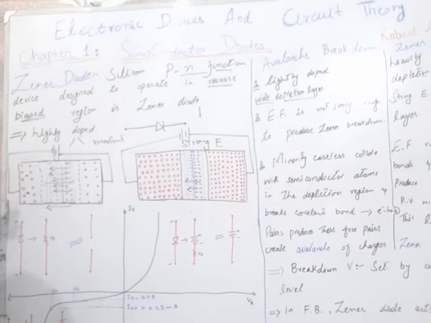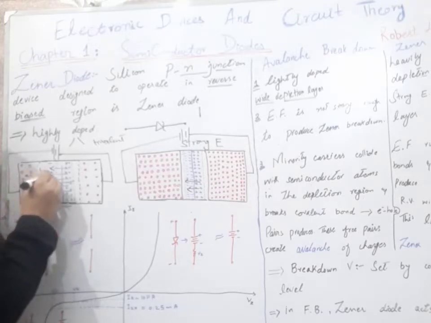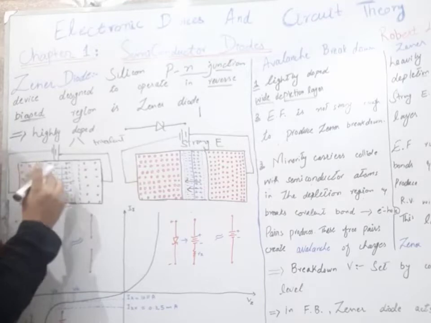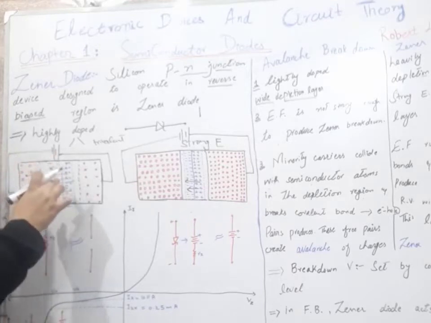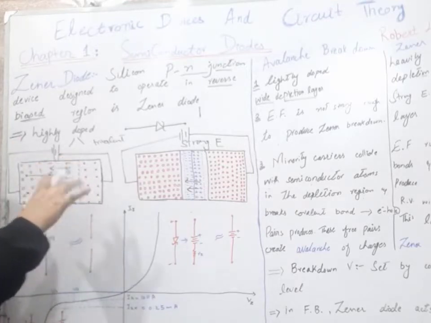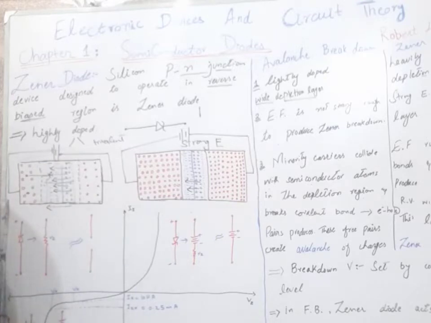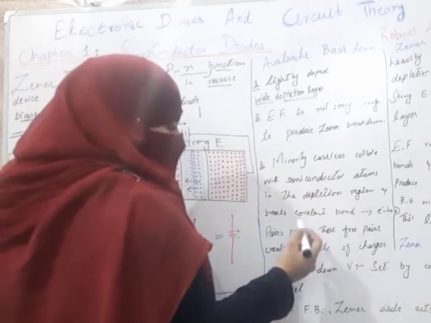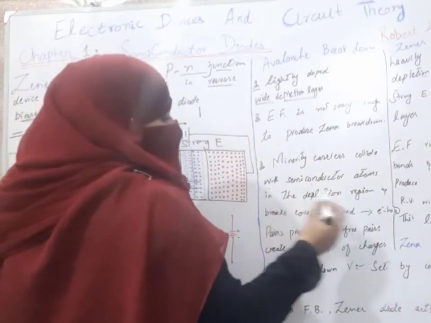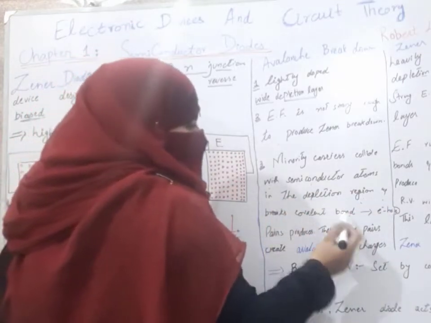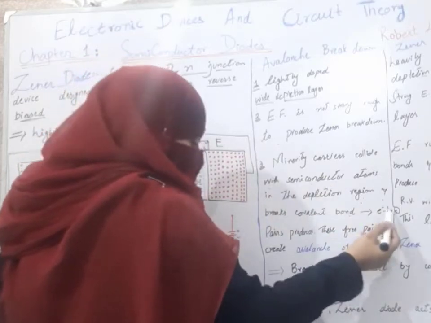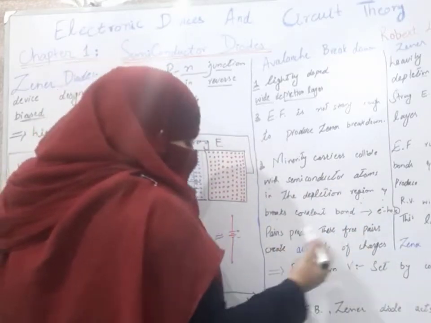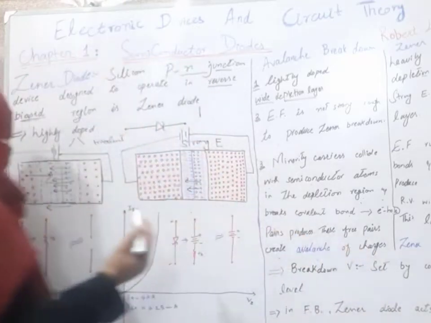When these electrons collide with the semiconductor atoms in the depletion region, which contains silicon atoms, they break the covalent bonds and produce electron hole pairs. These free pairs create the avalanche of charges.